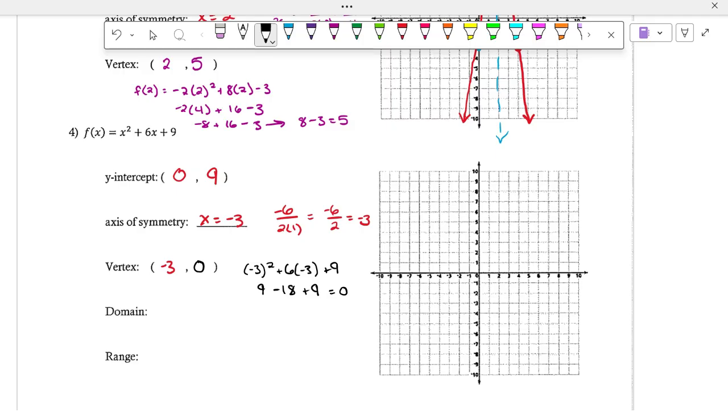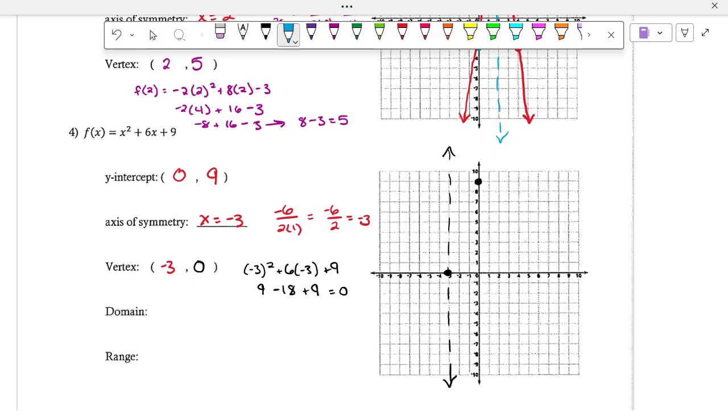So I'm going to take a minute and just graph those 3 key features. So I got the vertex at negative 3, 0. Y-intercept at 0, 9. Axis of symmetry at x equals negative 3. Now, using the y-intercept and the axis of symmetry, what could be another point that I can also graph?